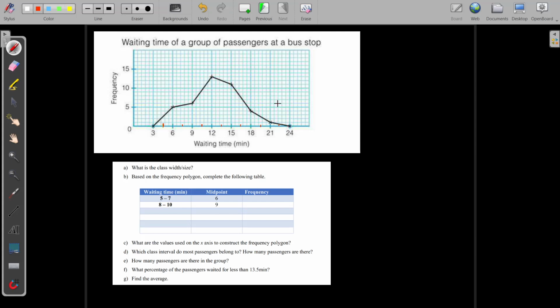This scale isn't the best. However, based on what we're seeing down here in the table, we can find our class width.